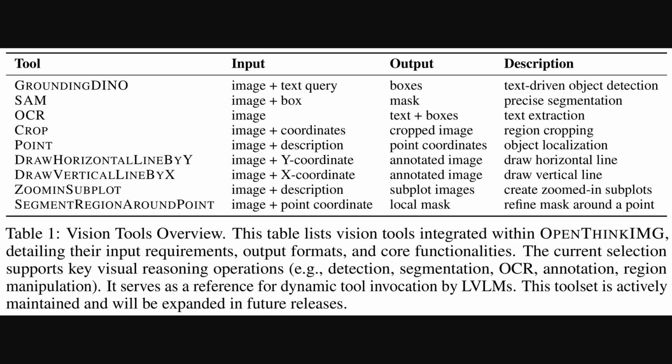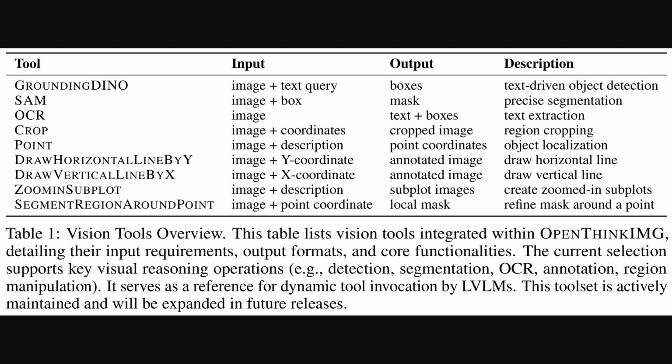Okay, so we've seen how the OpenThinkIMG framework is structured and how the V-TOOLRL training works. Now, Table 1 gives us a closer look at the actual visual tools that the large vision language model can use. It lists tools like GROUNDINGDINO for text-driven object detection, SAM for precise segmentation, which means accurately outlining objects, OCR for text extraction, and others for cropping, pointing, drawing lines, or even zooming into subplots.